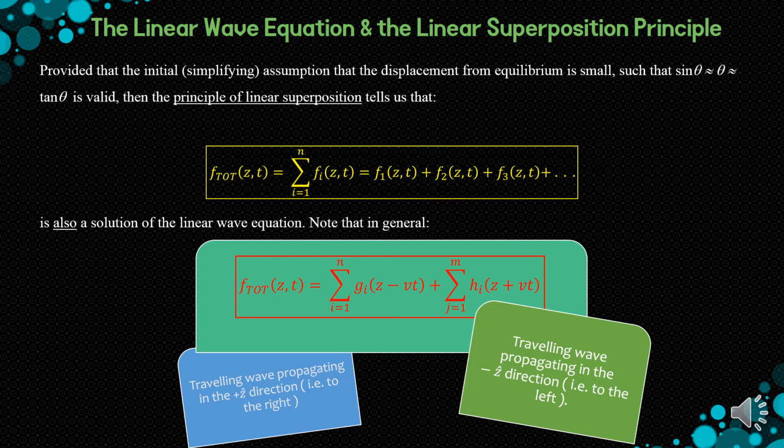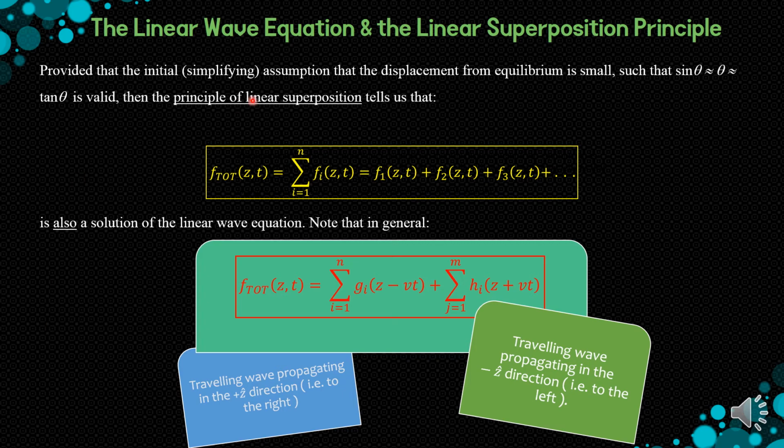So we have introduced the linear wave equation and the linear superposition principle, provided that the initial simplifying assumption holds that the displacement from equilibrium is small, such that sin θ, θ and tan θ are equal.